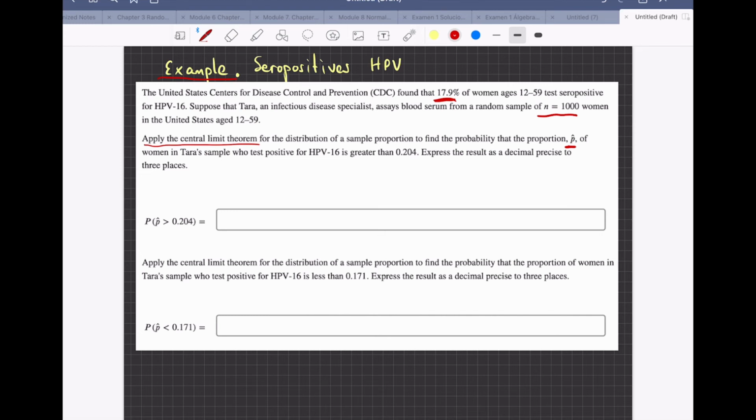All right. Here, this little thing that is p hat is something similar to the sample mean. Here, p hat is the sample proportion.